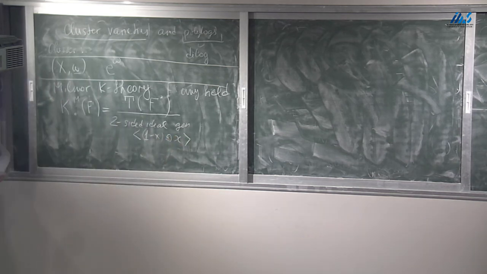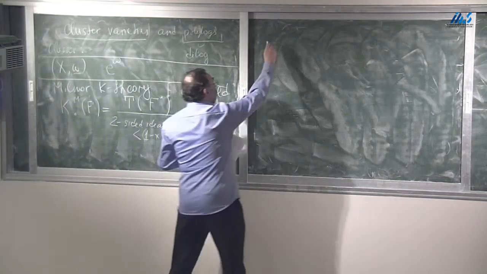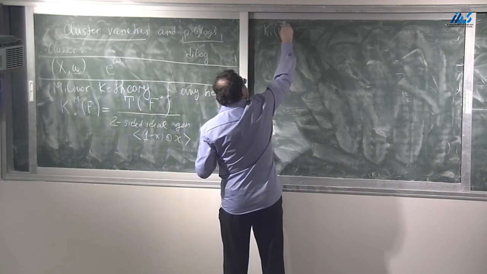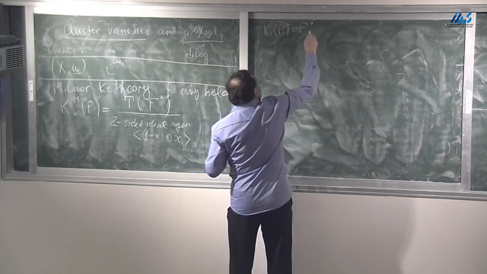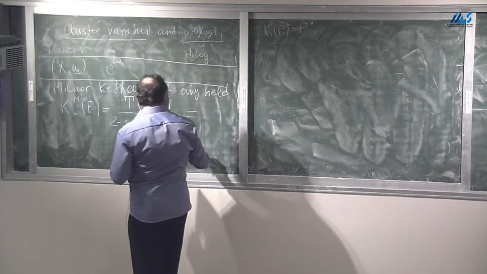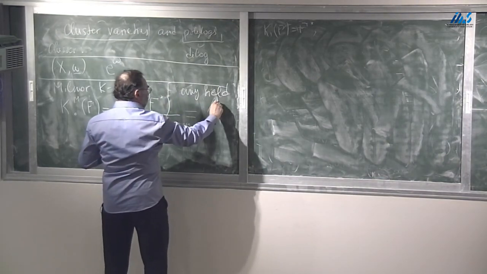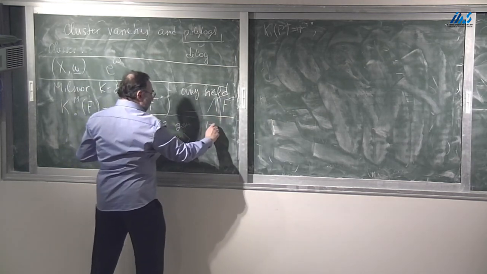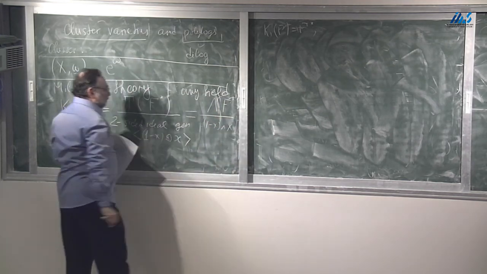For example, the group K1 is just F star, nothing fancy. But sorry, I forgot to say one more thing. This turns out to be the same as the exterior algebra of this multiplicative group divided by the ideal generated by the same relation.